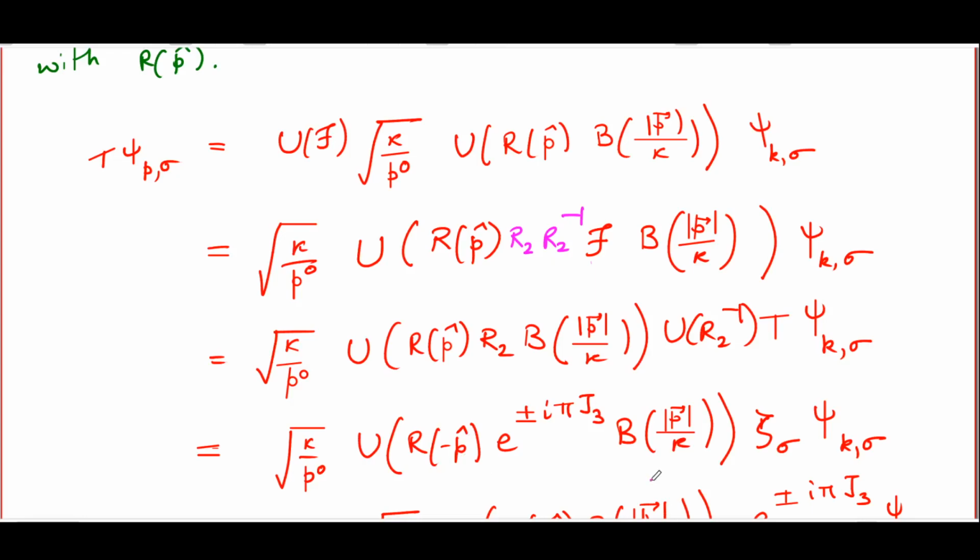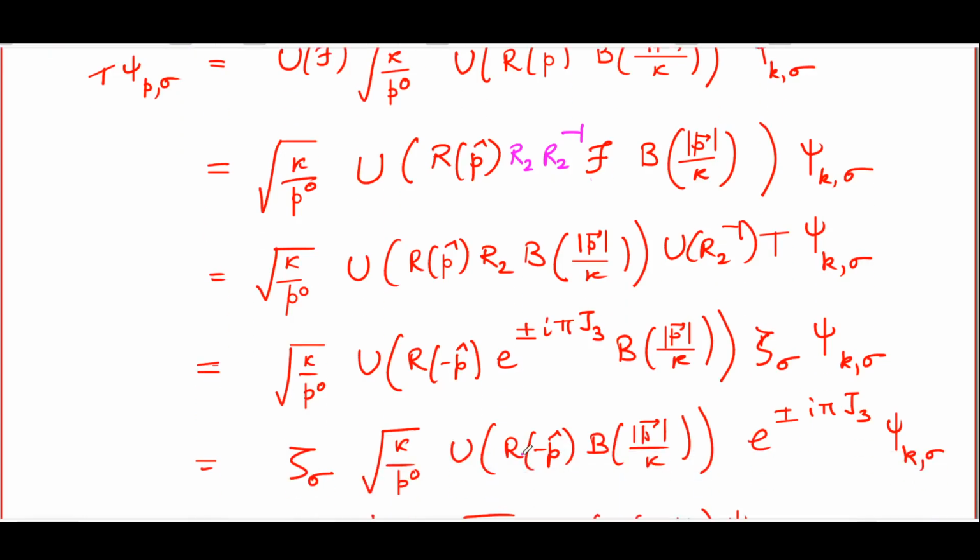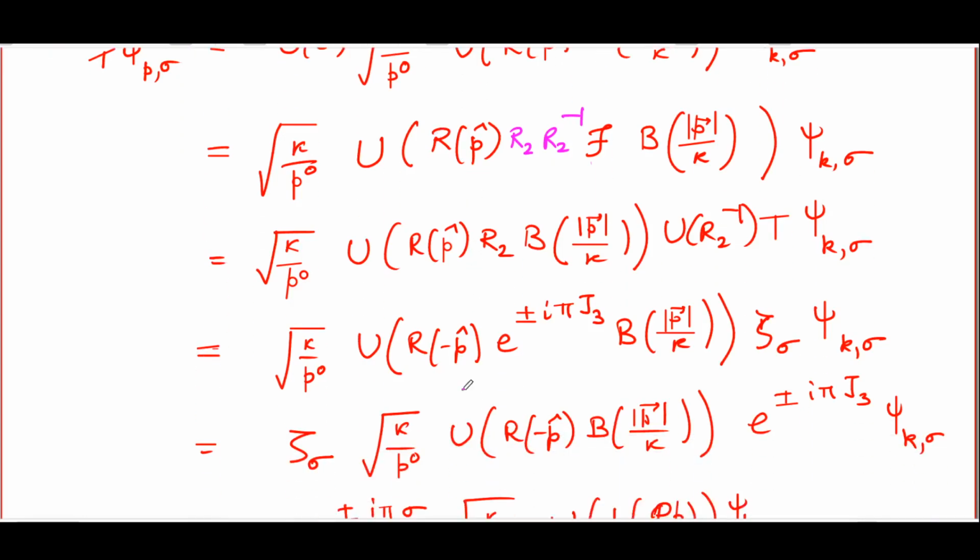Notice that whatever we have here is a bunch of continuous Lorentz transformations. These are definitely unitary operators. So the factor zeta sigma can move all the way out. And just as we did a while ago, we recognize R of p hat R2 as R minus p hat e to the plus minus I pi J3.